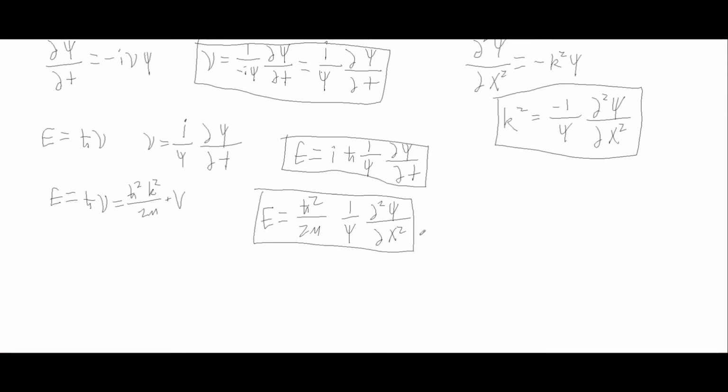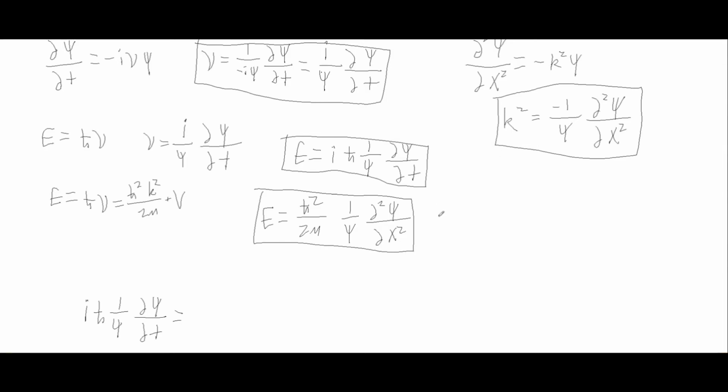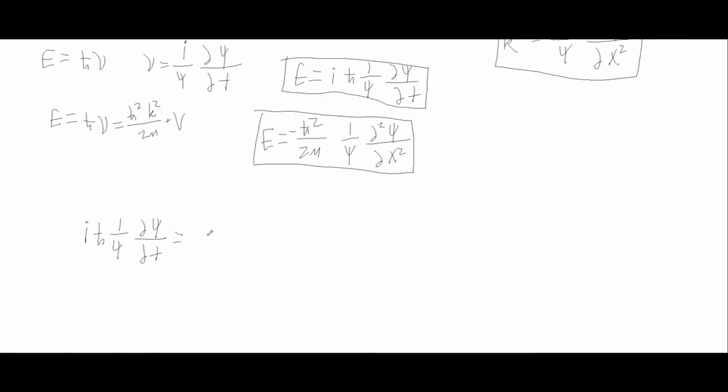And so with that, what we will get is i h bar 1 over psi multiplied by the partial derivative of psi with respect to t is equal to, and this should have had a negative because we have a negative in here, negative h bar squared over 2m 1 over psi multiplied by the second partial derivative of psi with respect to x.